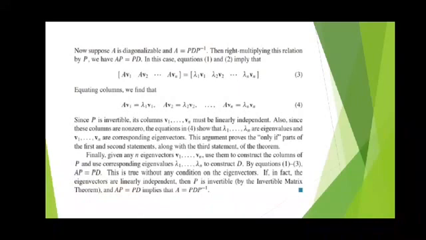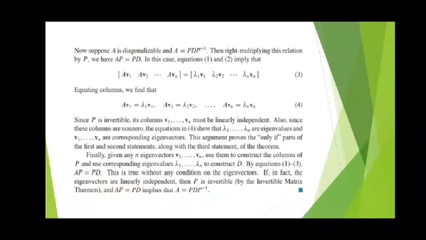So lambda 1 through lambda n are all the eigenvalues, and V1, V2, and so on, Vn are the corresponding eigenvectors. This argument proves only the 'only if' part. So these eigenvectors are linearly independent. This is the necessary condition.